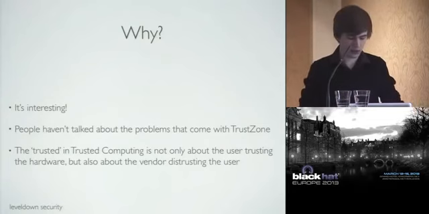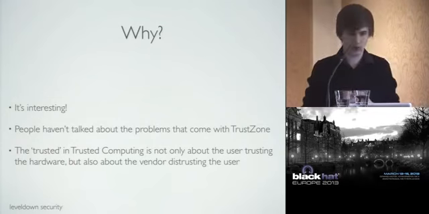And trusted computing is not only about the user trusting the hardware, but also about the vendor distrusting the user, especially in this case, as it's almost impossible to disable TrustZone on all major phones.